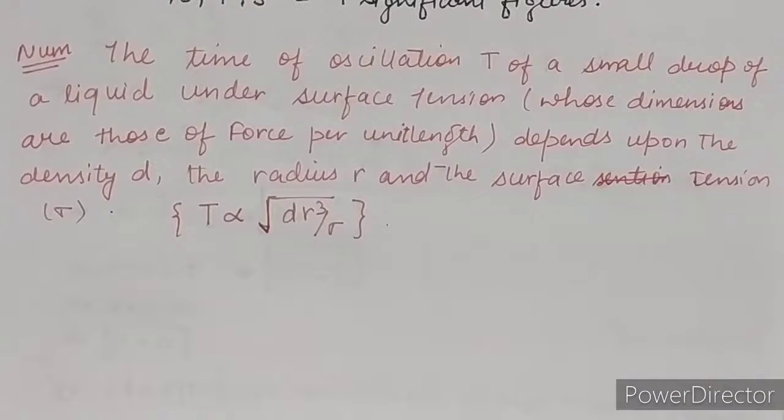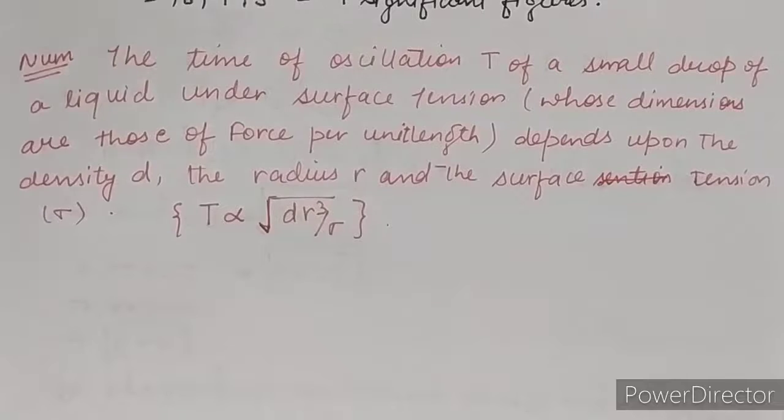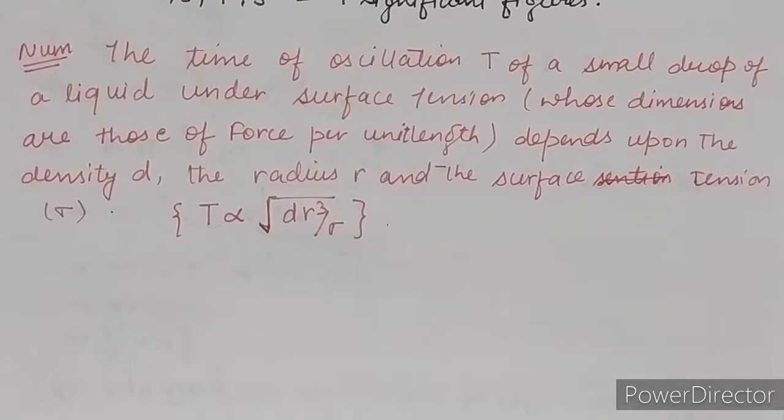In our next lecture we are going to discuss the significant figures, the rules of significant figures, and the rounding of values. We are even going to practice numericals on dimensional formula, errors, and significant figures.